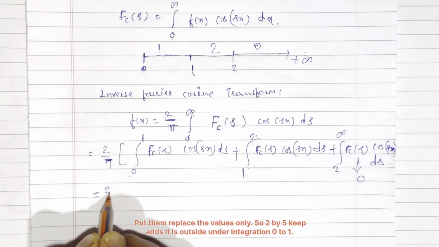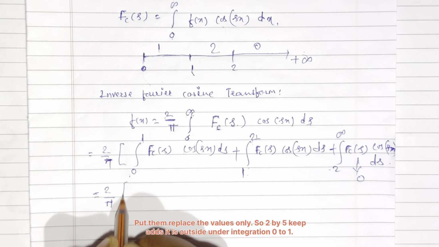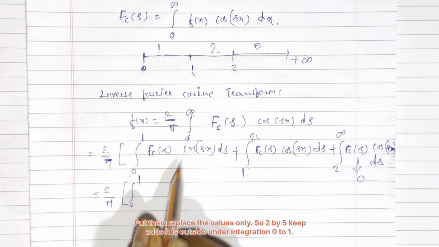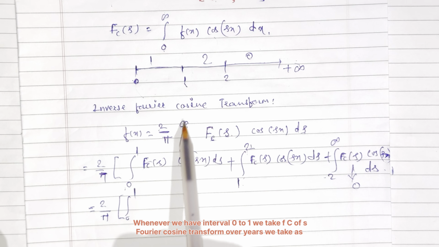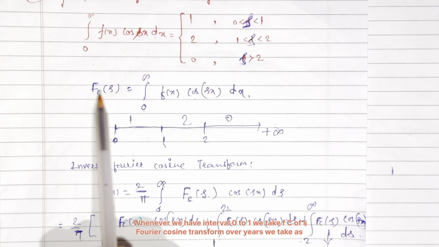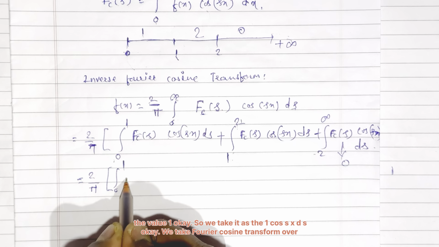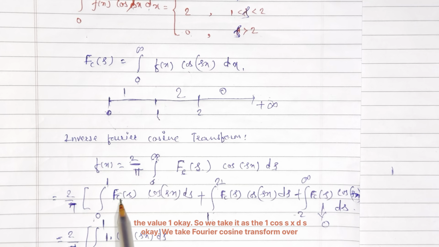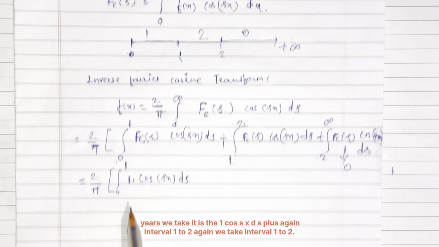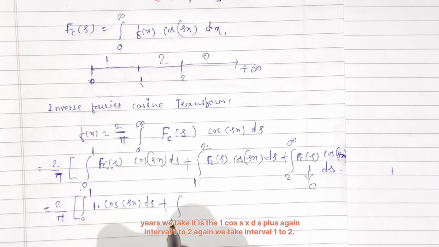Replace the values only. So 2 by pi keep as it is outside. Under integration 0 to 1, whenever we have interval 0 to 1, we take F c of s, the Fourier cosine transform over s, as the value 1. So we take 1 cos sx ds, plus again interval 1 to 2.